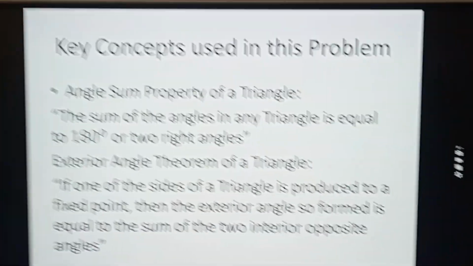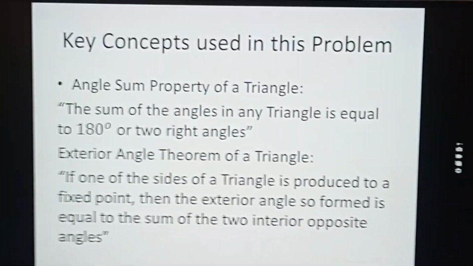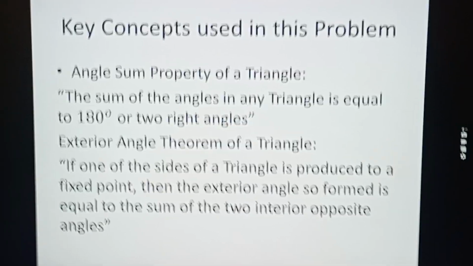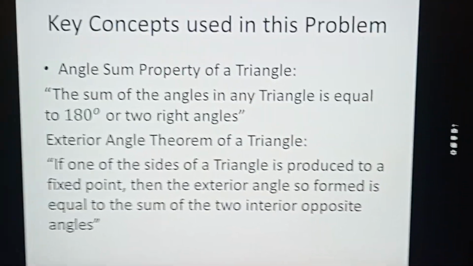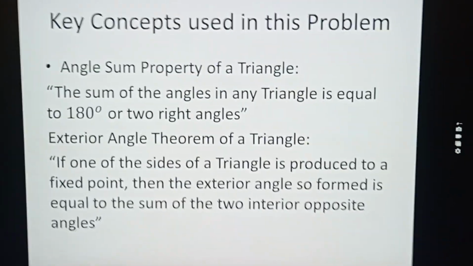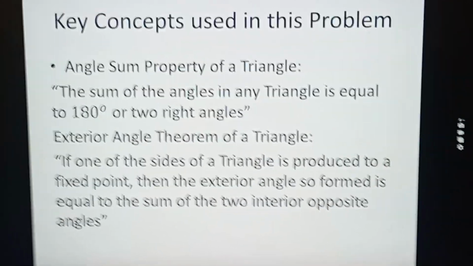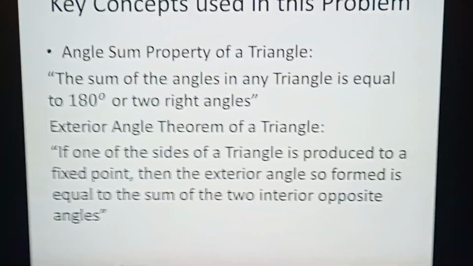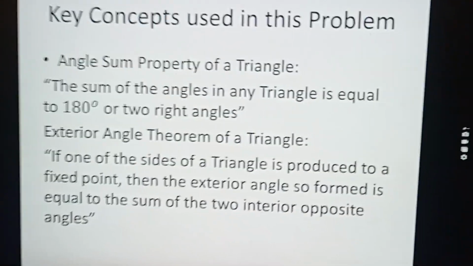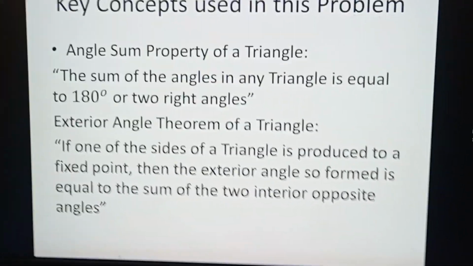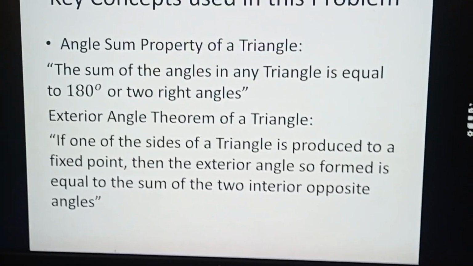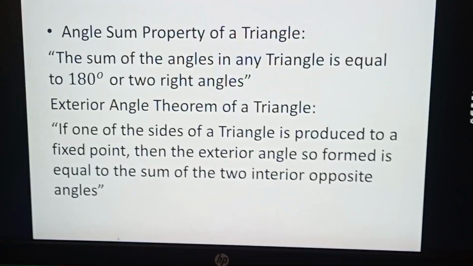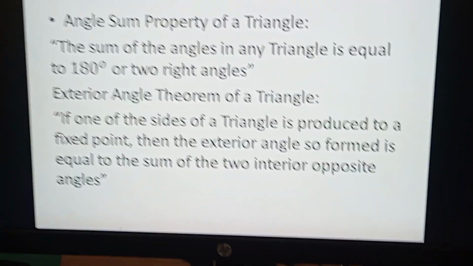Before solving this problem, let us look at some of the key concepts used in this problem. First of all, the angle sum property of a triangle. The sum of the angles in any triangle is equal to 180 degrees or two right angles.